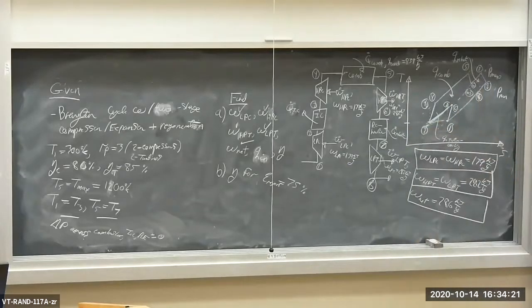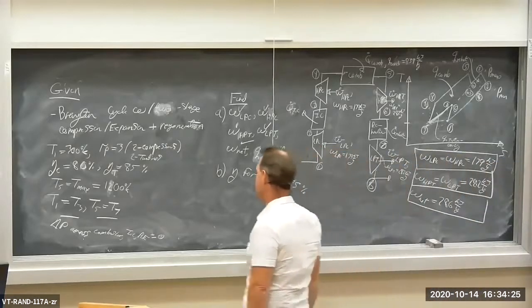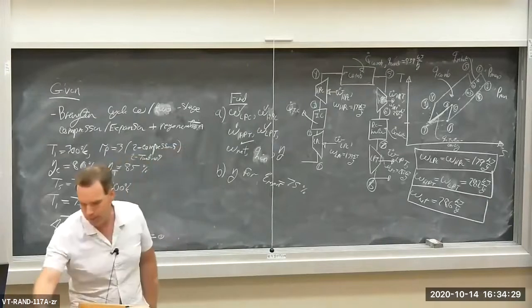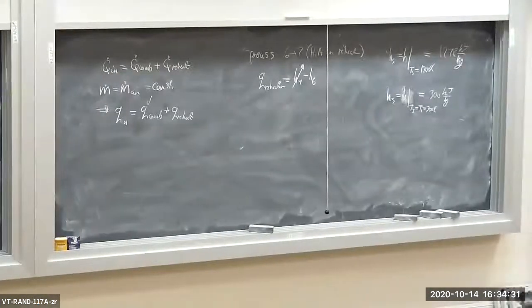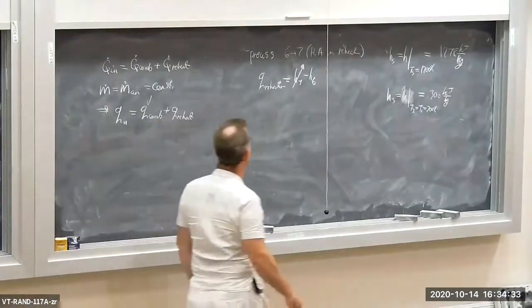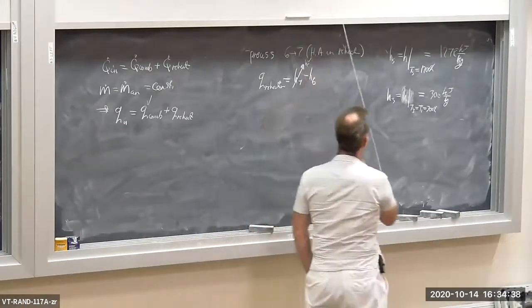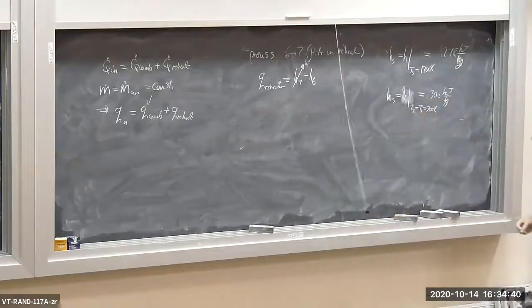The reheater adds just enough heat to get you back to the original combustor exit temperature. That means that H7 is equal to H5 because the temperatures are the same. So this is actually equal to H5. Check, I've got that. There it is right there, okay?